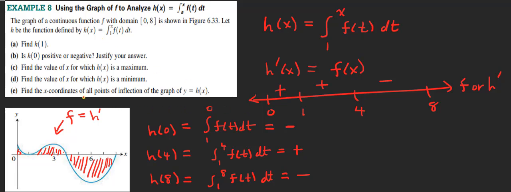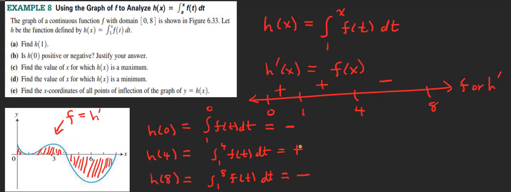Now let's take a look at part D. It says find the value of x for which h of x is a minimum. Part D and part C are closely related. We're going to use the same analysis here. And for the minimum, notice the h prime or f sign does not change from negative to positive in the interior of 0 to 8.